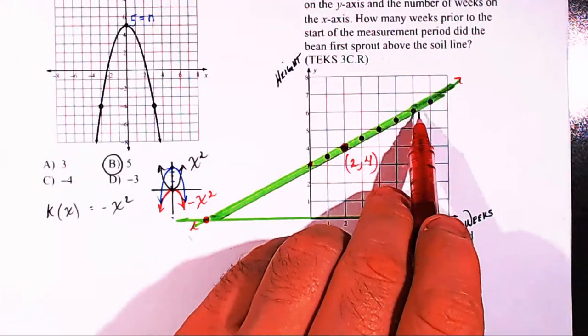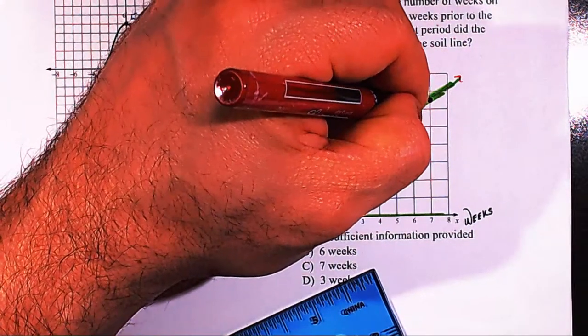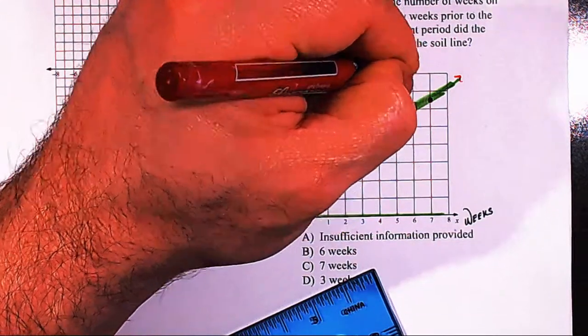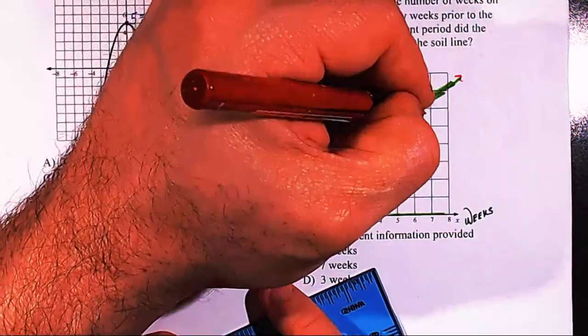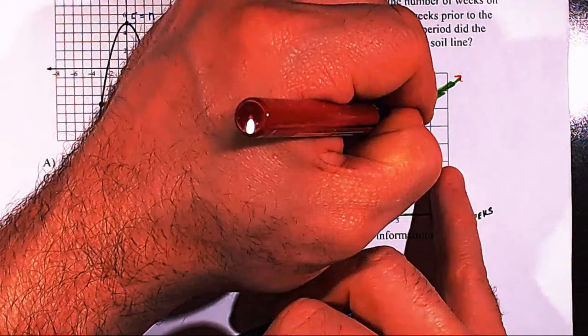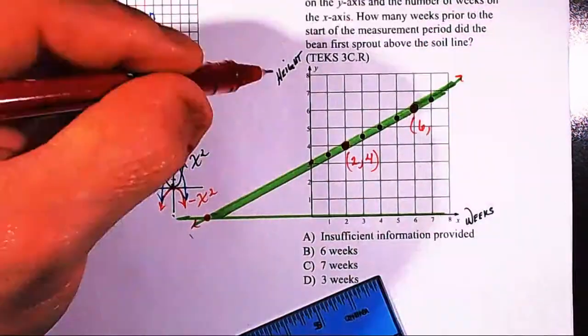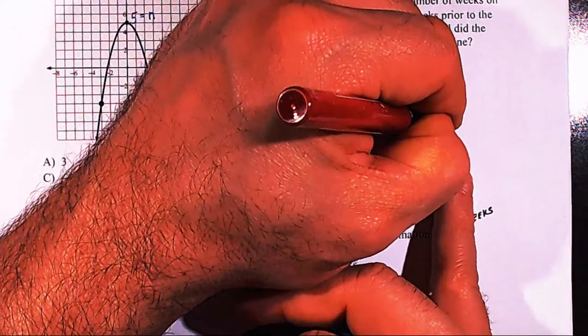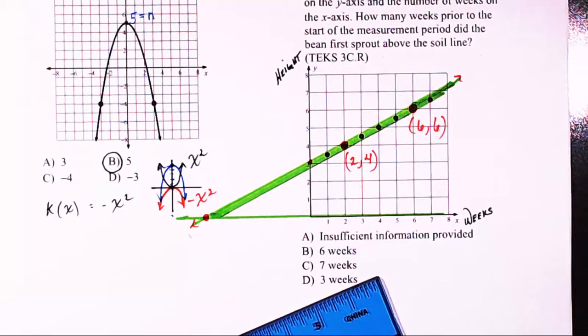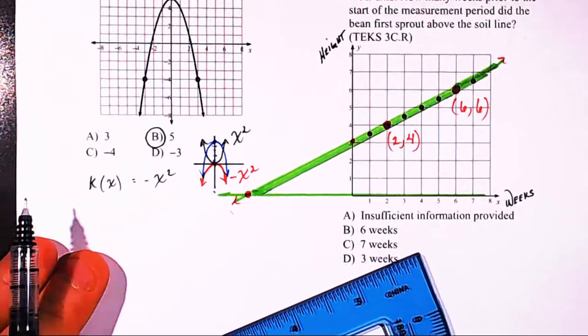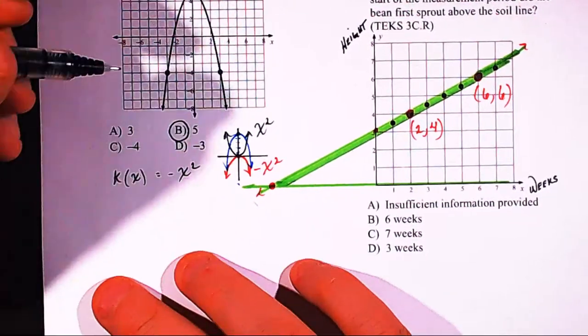And here's another lattice point intersection right here. Okay, the coordinates for that point right there are 6, 6. If you wanted to do this the old school way, you could plug this into your slope formula first.